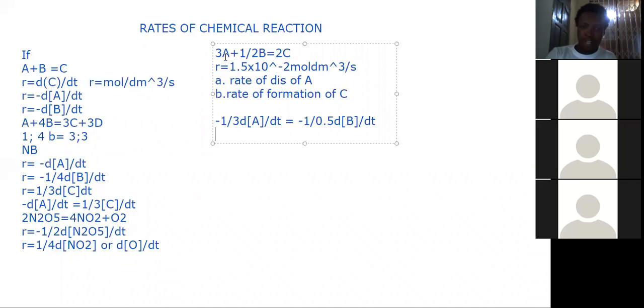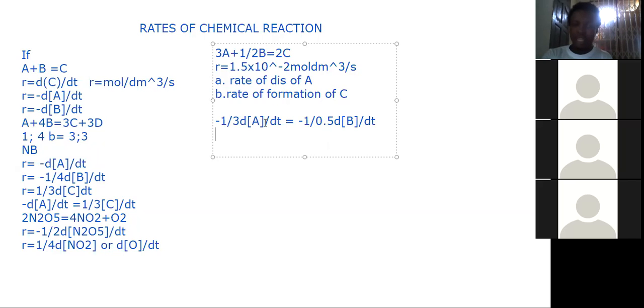So this 3 of this is giving us half of this. So 1 all over minus 3 dt is equal to this. We are using the mole ratios. So looking at this, now the question says you should find for the rate of disappearance of A. So you are looking for the dA dt. So looking for the dA dt, what can we do?